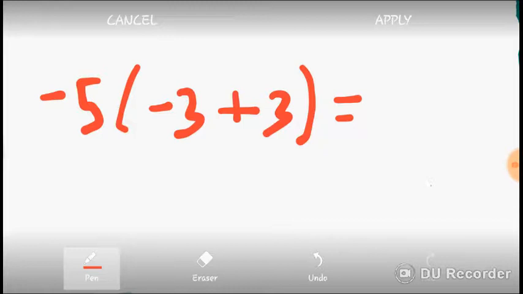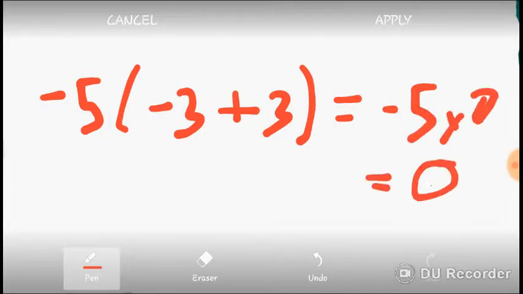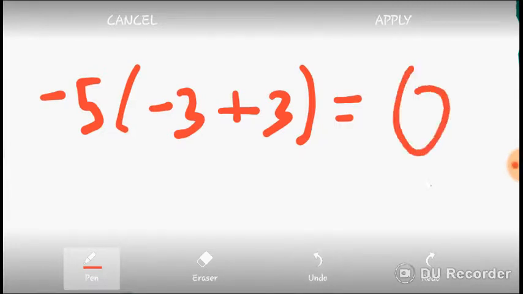So adding both will get 0, and minus 5 into 0 is 0, because any number into 0 will give 0. So the result here is 0.